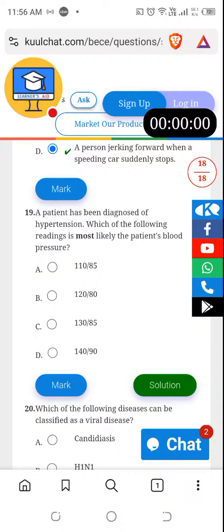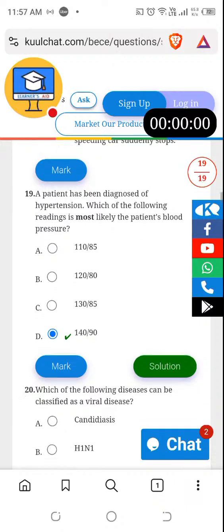Yeah. So since it is high blood pressure, 130 over 85. Now let me go for 140 over 90. Yeah, 140 over 90. So that is hypertension. So it's in that range.